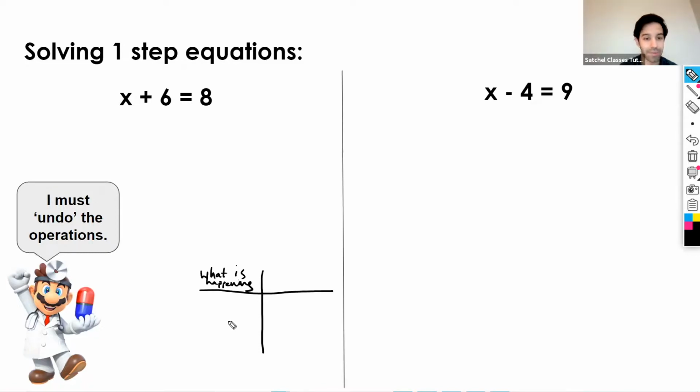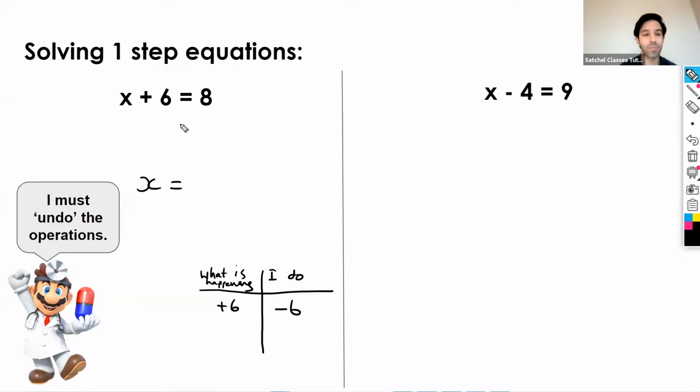We're adding 6. So what do I need to do? The inverse operation of adding 6, or the opposite of adding 6, is to subtract 6, because ultimately we want a situation where x is on its own, x is isolated, and then we know the individual value of x.